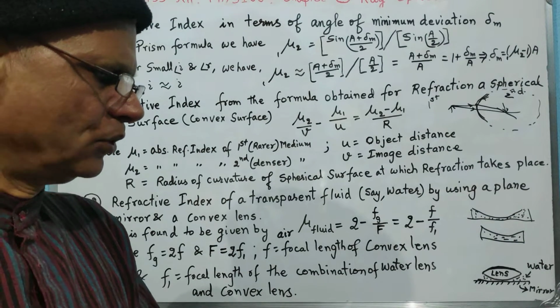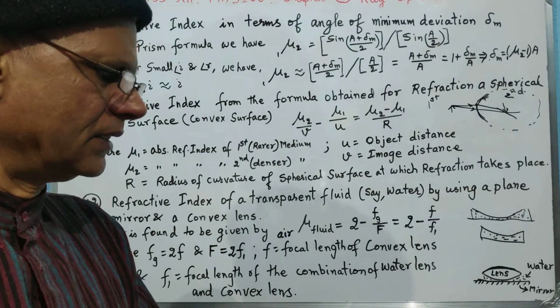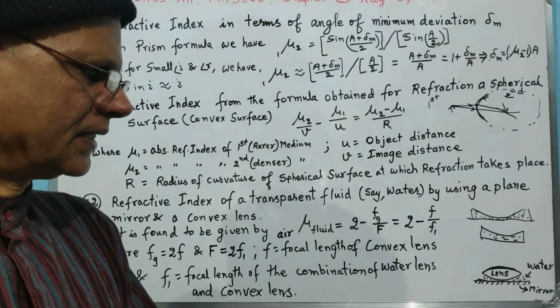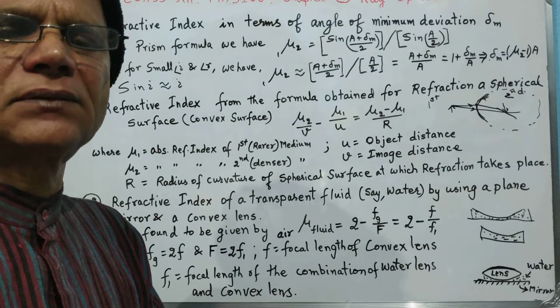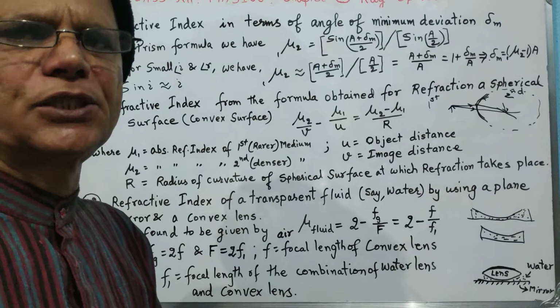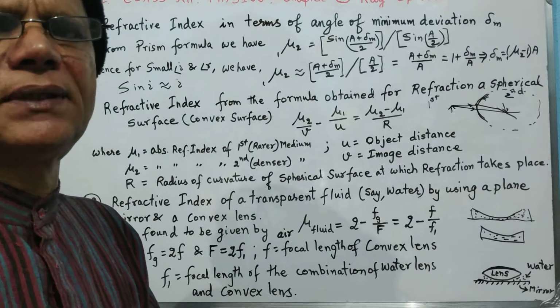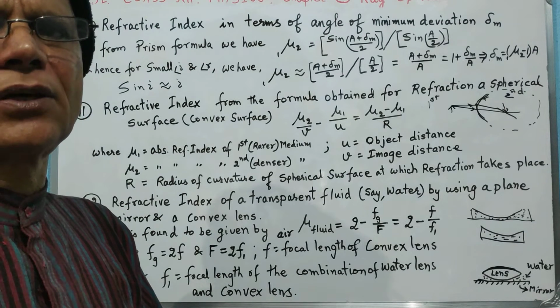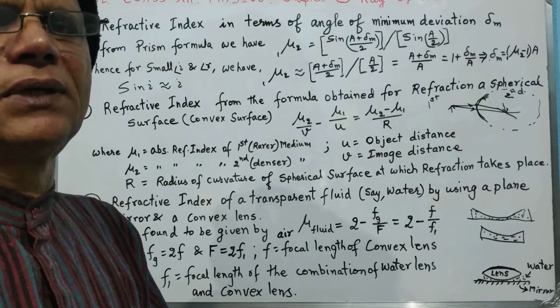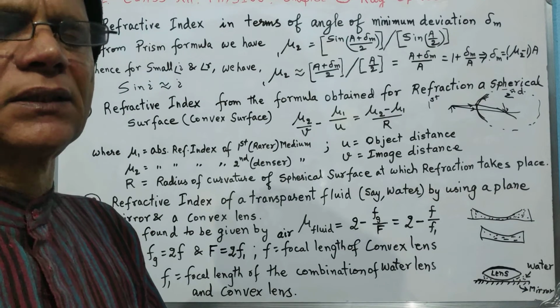There is yet one more relation regarding the refractive index, which again we find in its application in experiments. We shall talk about it whenever we discuss numericals based on this theory.